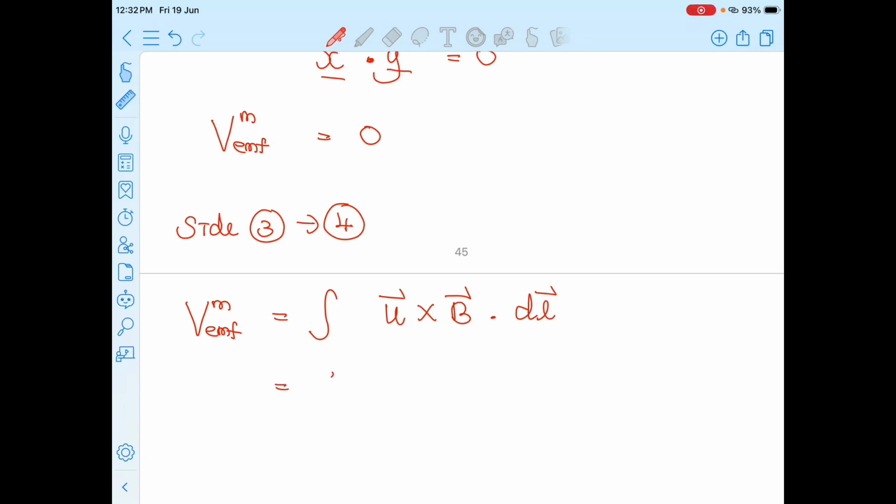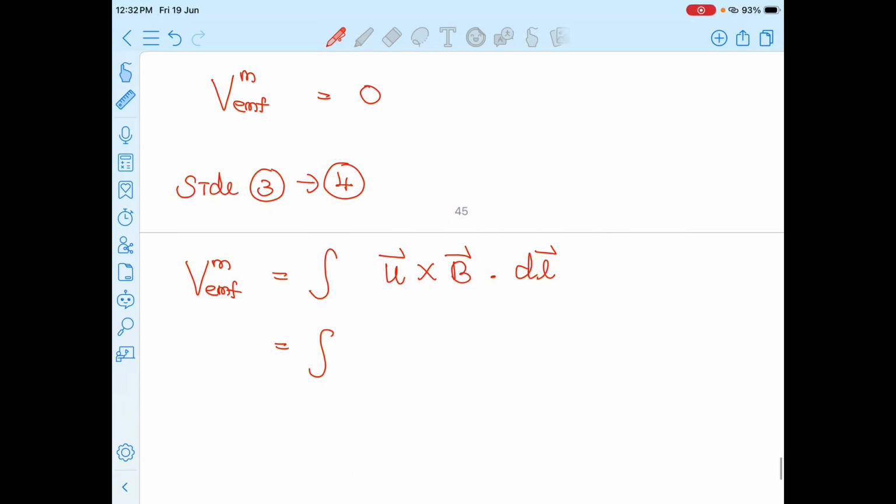You can copy back the U and the B, so it is 5y cross 0.2 e^(-0.1y) in the z direction, dot product with dx, same as side 1, 2.